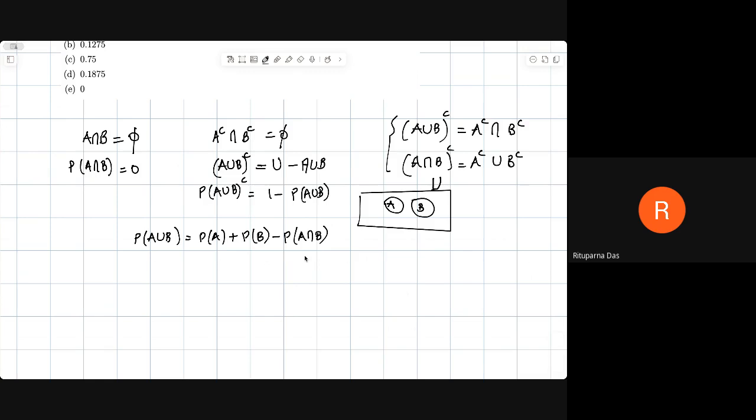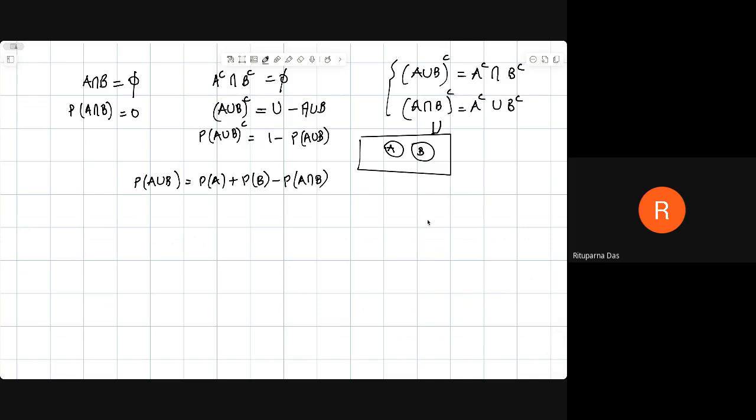We have P of A union B is equal to 1. So if P of A union B is equal to 1, P of A plus P of B is equal to 1 because A and B are disjoint, right? From this particular equation we have, wait a minute.